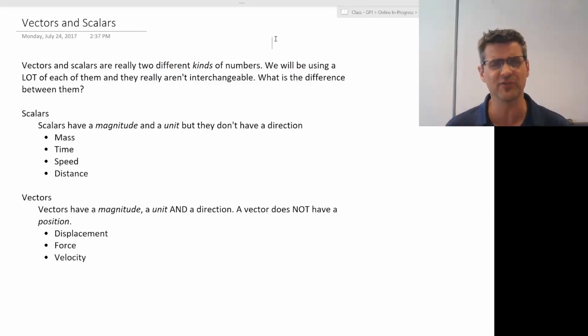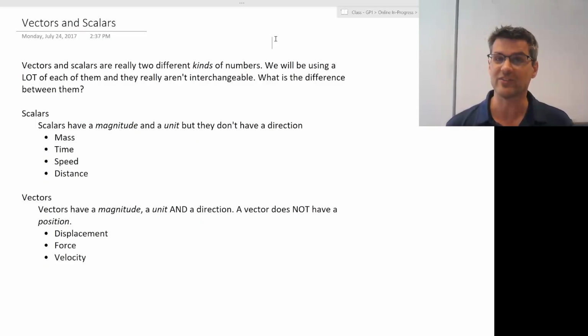But then there are also properties where we have to keep in mind what direction we're going. For example, if I were to ask you to go 50 miles away, it turns out that which direction you go is important. If you were to go north 50 miles, you end up in, say, Jupiter.